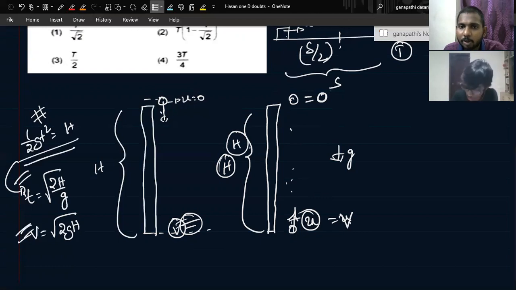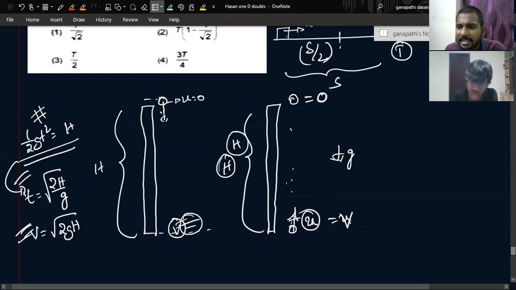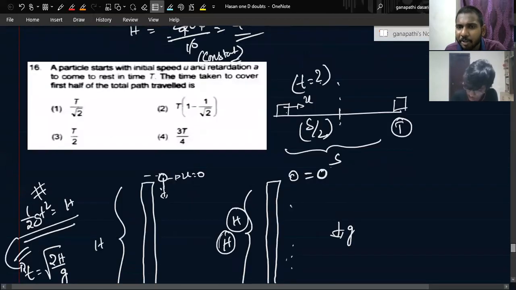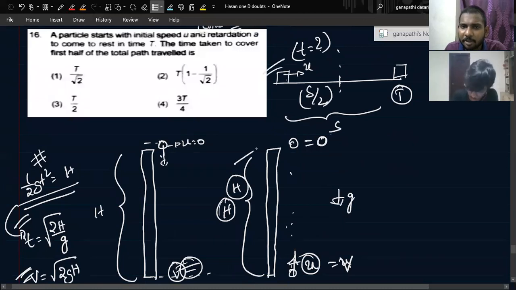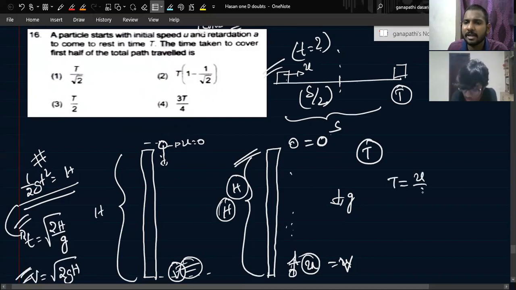So now, this is a very important concept. Can you treat this question similar to this? The body initially started with a velocity, slowly it gets retarded, and finally it has become 0 in some time T, that is T is root 2h by g, or otherwise u by g.